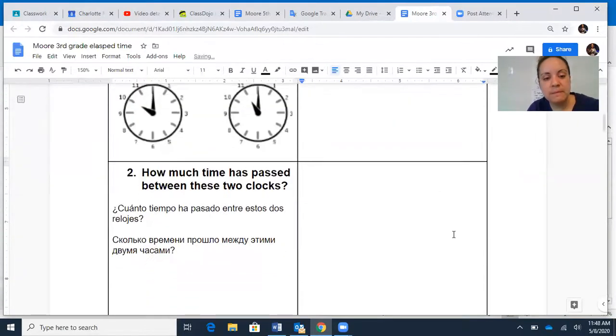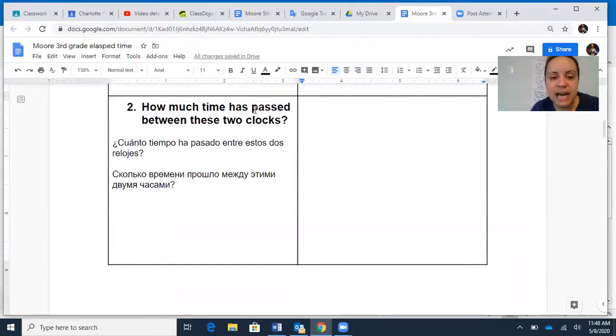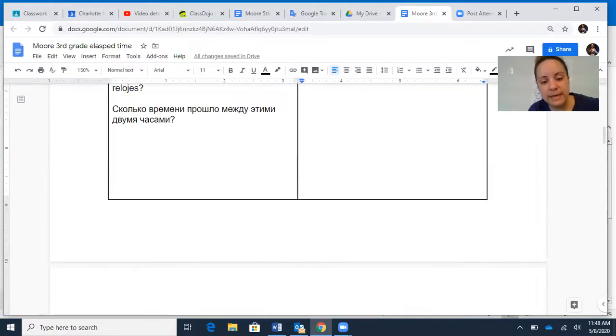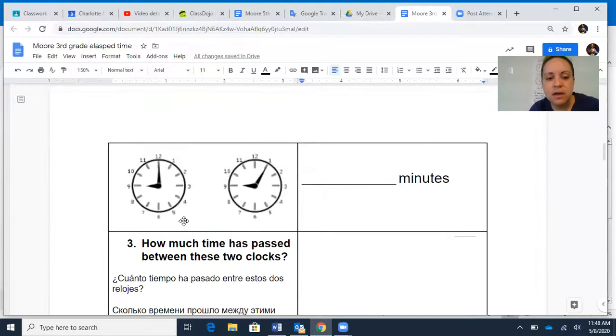Let's look at the next one. How much time has passed between these 2 clocks? Well, it's down here on the next page. There it is. Okay, so the hour hand is on the 9, and it starts at the 12, so that's 9 o'clock. Then the next one still is at the 9, but the minute hand is on the 1.